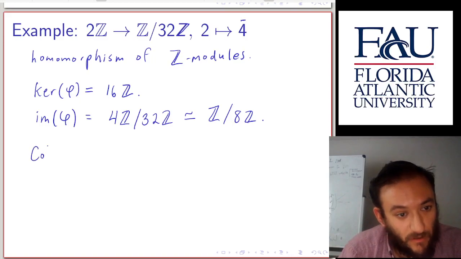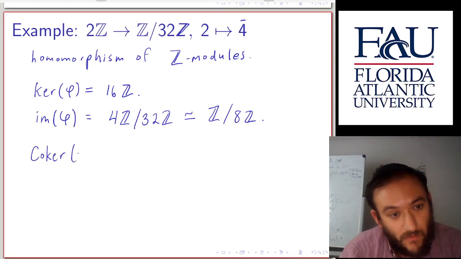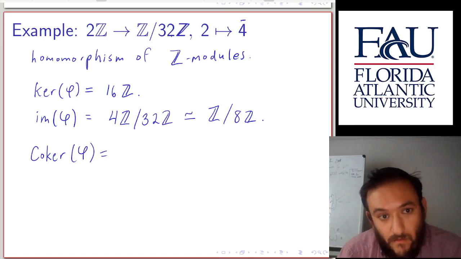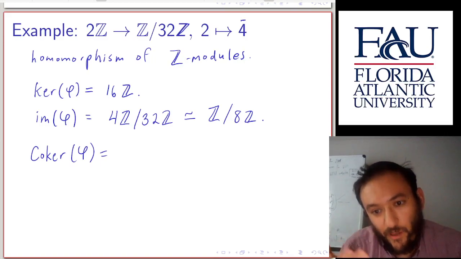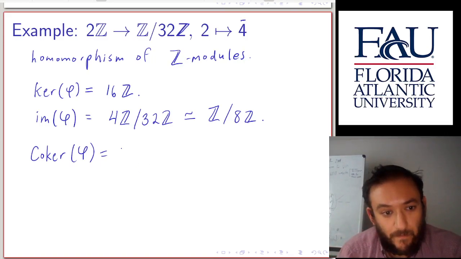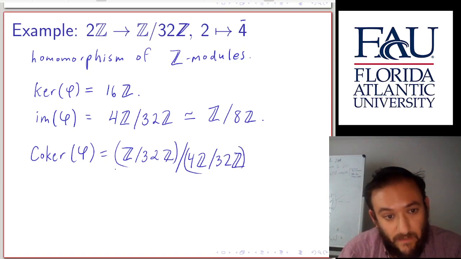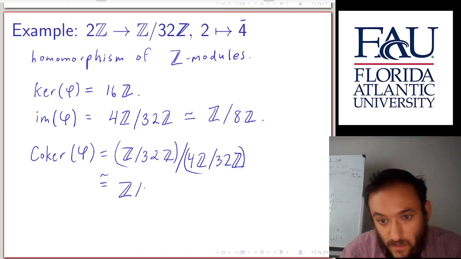As for the cokernel, we want to take the target module and quotient out by the image. So we have Z mod 32Z modulo 4Z mod 32Z, and this is isomorphic to Z mod 4Z, and that's another isomorphism theorem that you can apply.